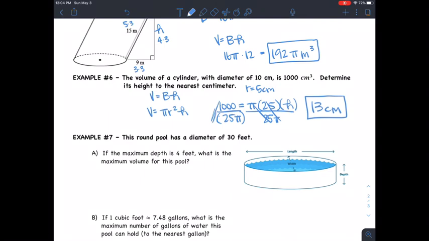Be very careful with this operation over here. If you just plug in 1,000 divided by 25 pi, what it will do is, in your calculator, it will process it as 1,000 divided by 25 times pi. And we also want to divide by the pi, so just make sure that you put both of those in parentheses.